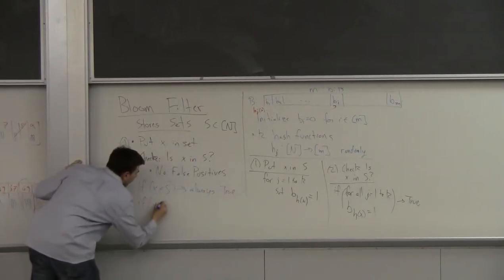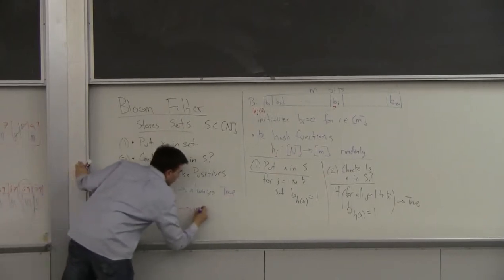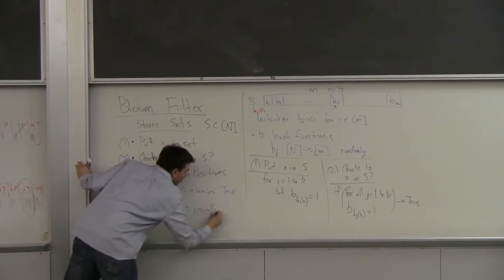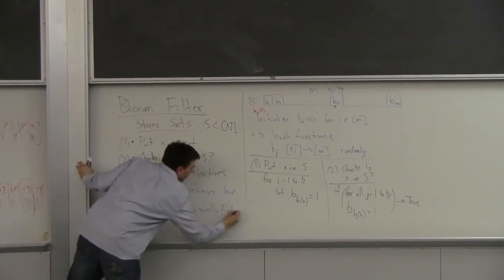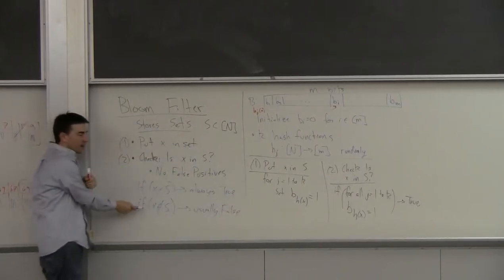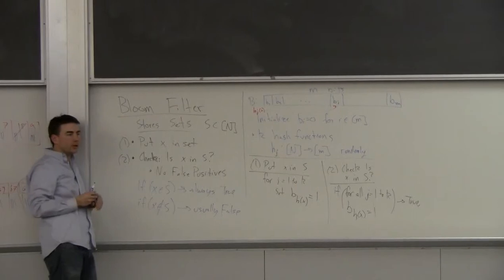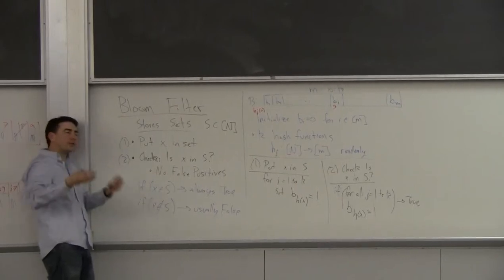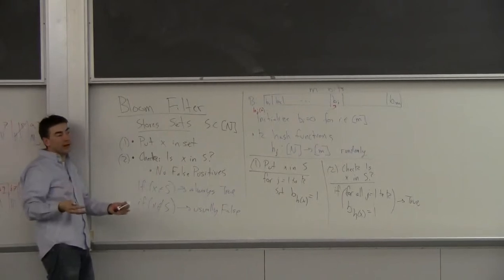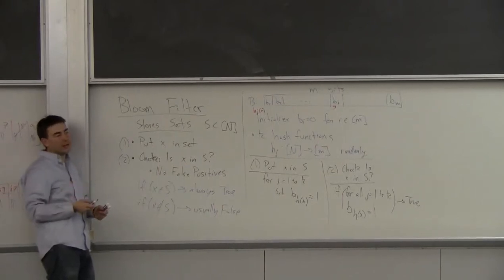If x is not in S, it's usually false. So if it's not in S and I say true, it is in S, then that's a false positive. I'm saying true being positive. True is like a positive that it's in there, and it's false, it's not the case.